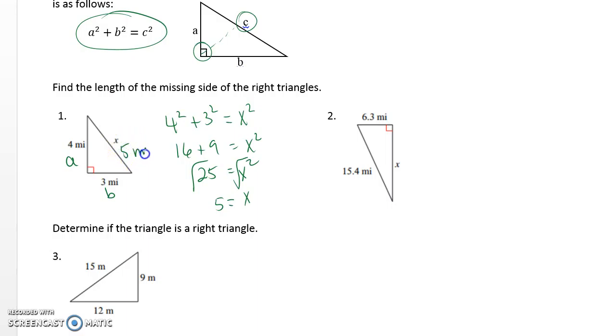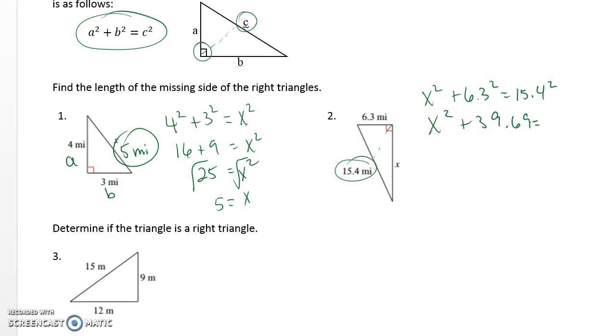And so the missing length will be 5 miles. On the other triangle, this time they gave us the hypotenuse, so we're going to say x squared plus 6.3 squared equals 15.4 squared. And you might want to do this in your calculator. So 6.3 squared is 39.69. 15.4 squared is 237.16.